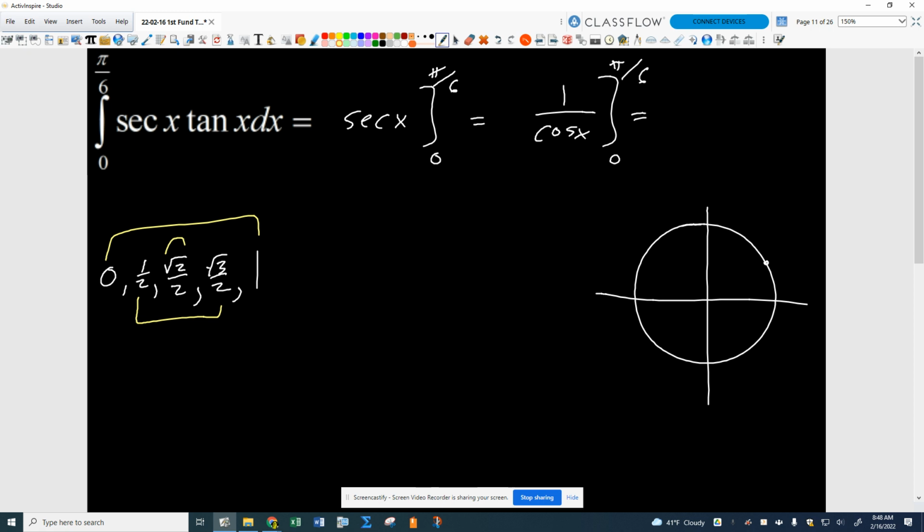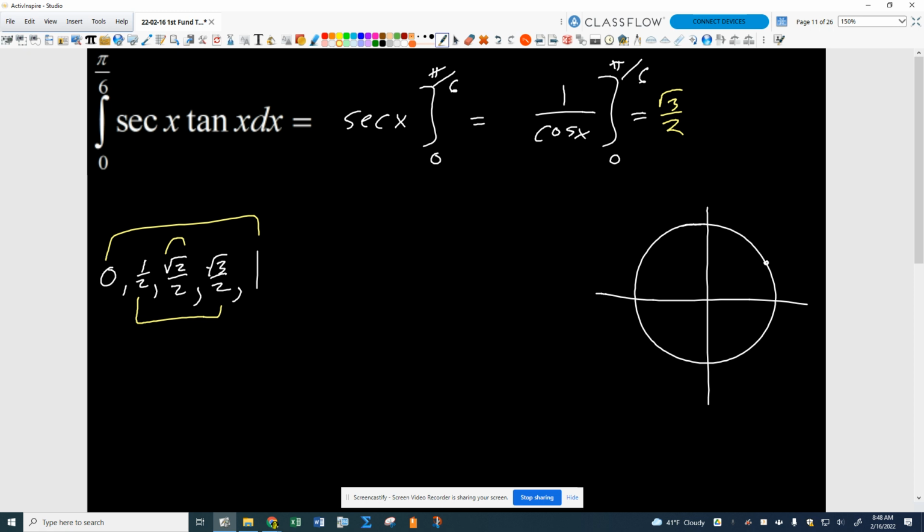Not 0, 1, that would just be on the axes, but for a point that's not on one of the coordinate axes, it would be square root of 3 over 2. And then cosine is 0.